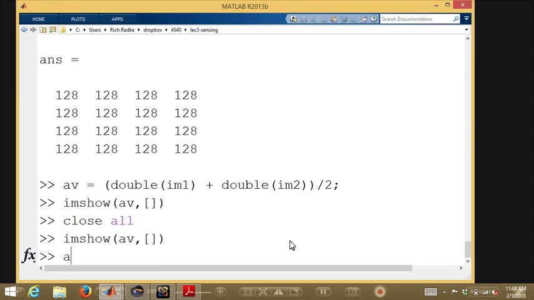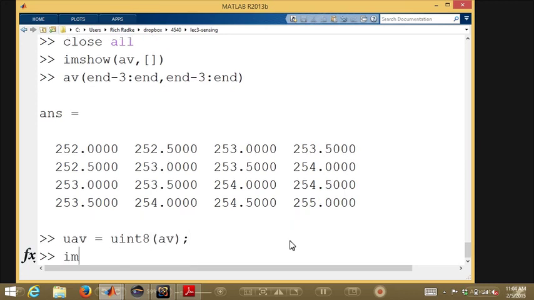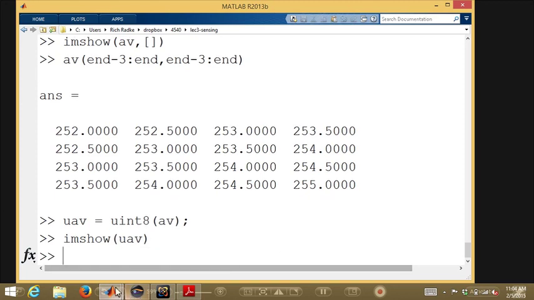If I were to look at the lower right-hand corner of it, I would see that since this is a double, I'm going to have continuous values, right? Some of which are fractional. And then if I wanted to, I could turn that back into an 8-bit integer like this.